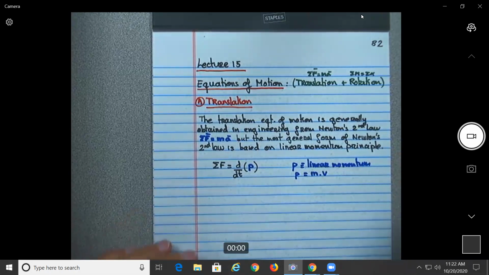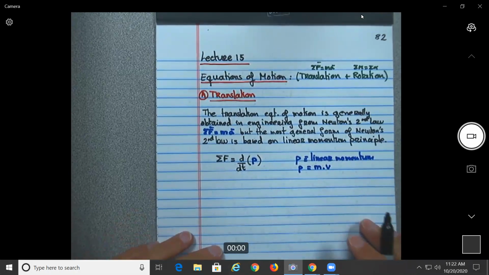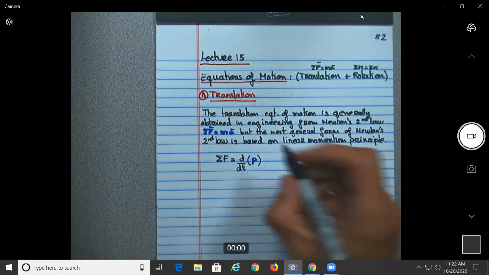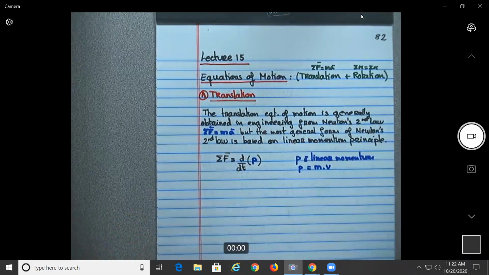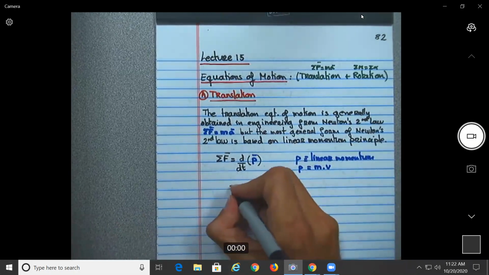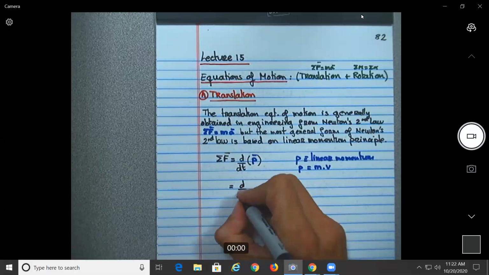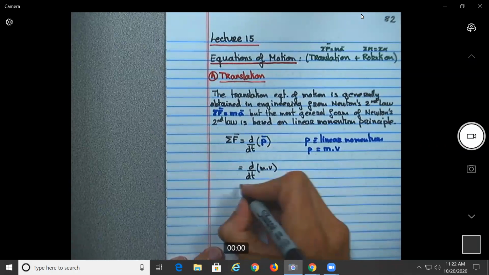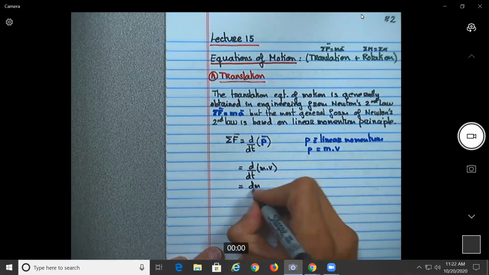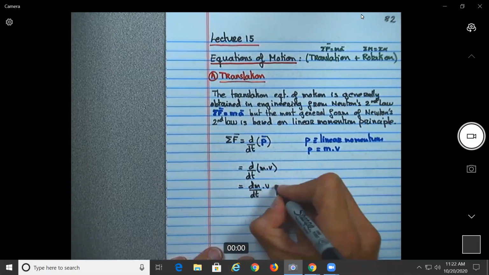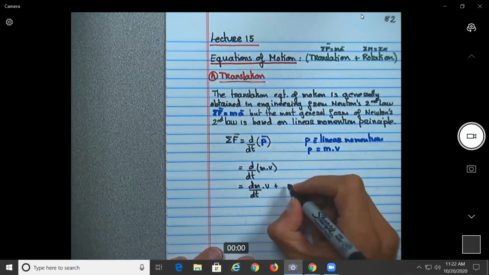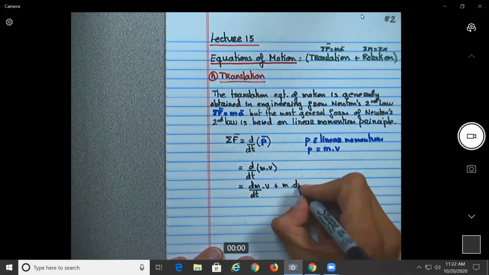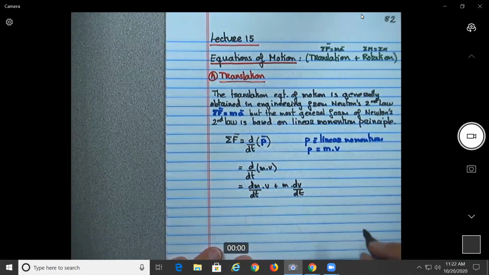So what is the assumption that generally is done? Let me put vectors here to show that it's a vector. What is generally assumed in dynamics is that this is equal to d/dt of mv. So this is equal to dm/dt times v plus m dv/dt.